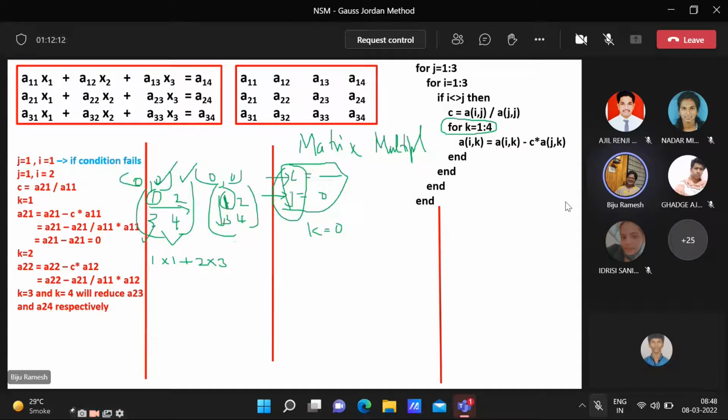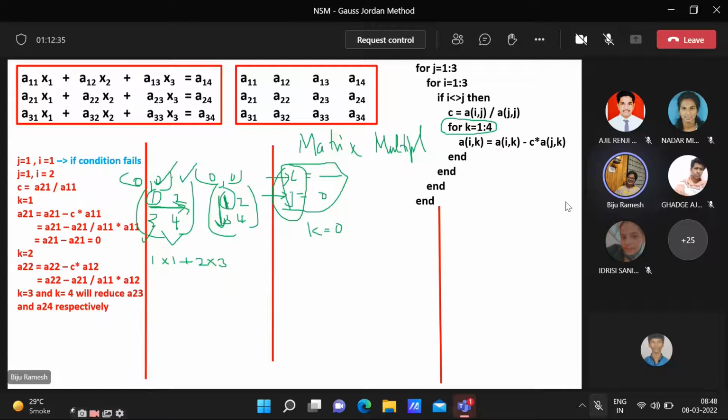But in matrix multiplication, what is happening? The first row in the first matrix and the first column in the second matrix are taken for multiplication. So how do we keep track of the first row in the first matrix and the first column in the second matrix? We cannot work with two loops.